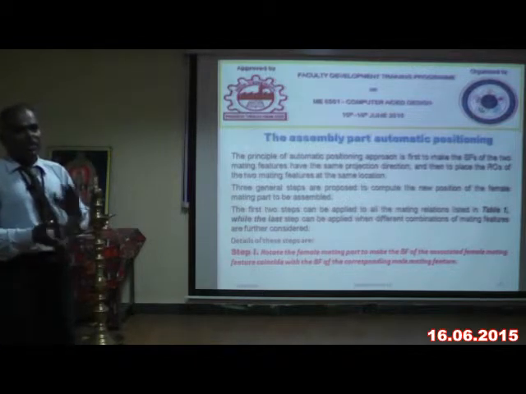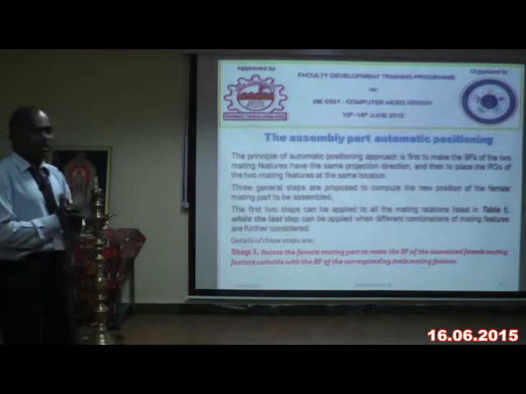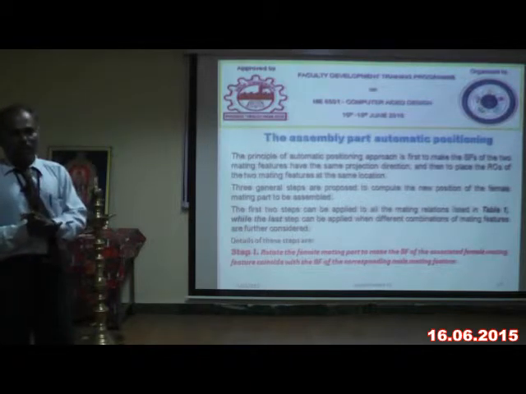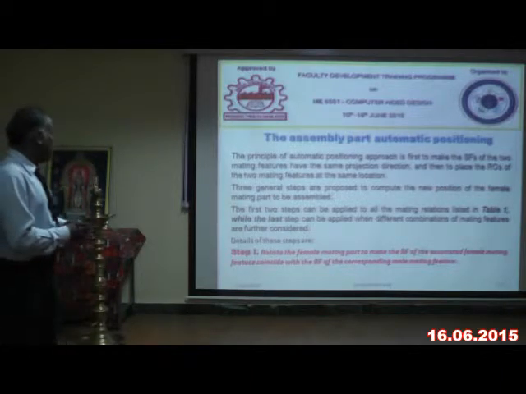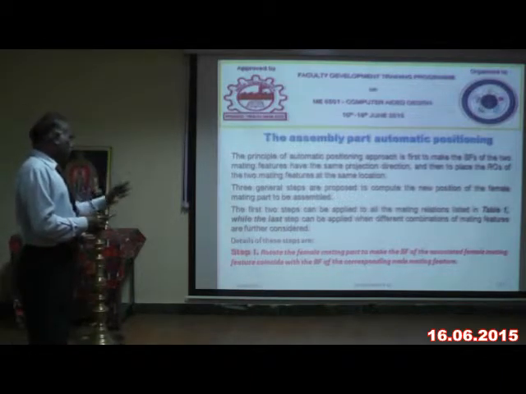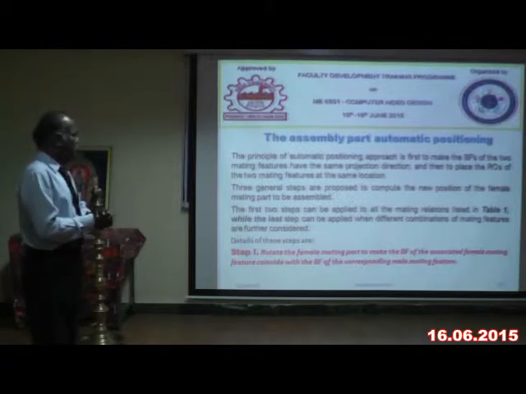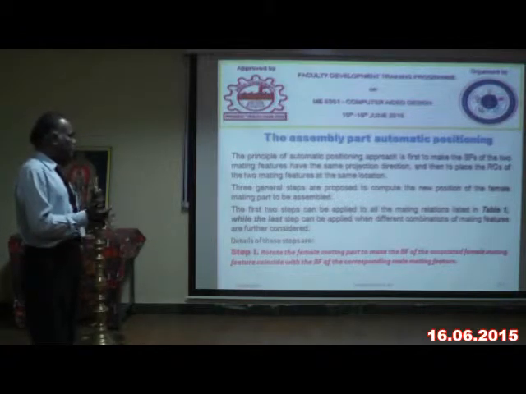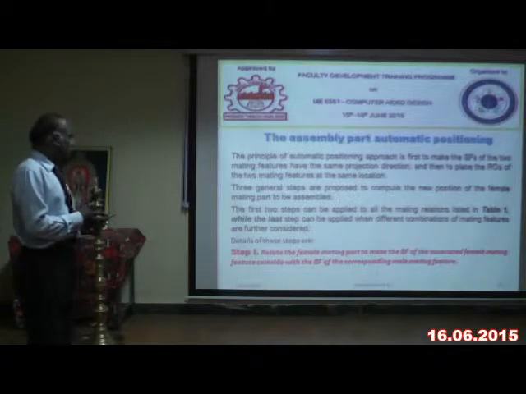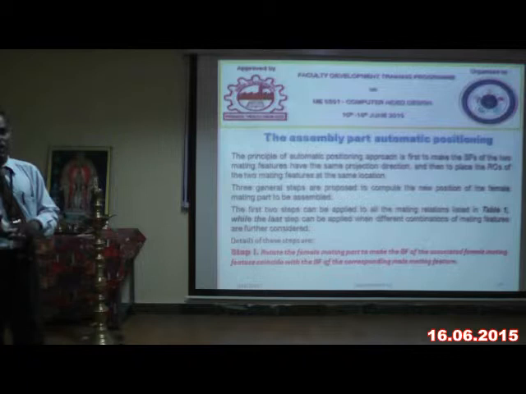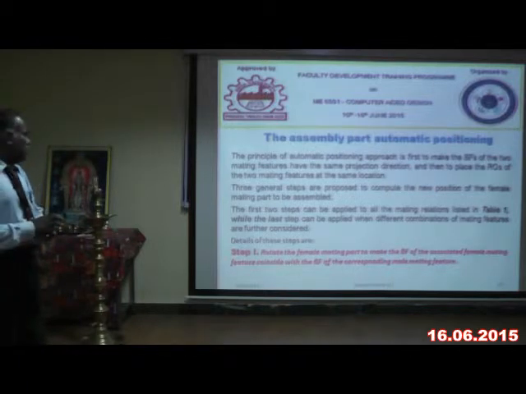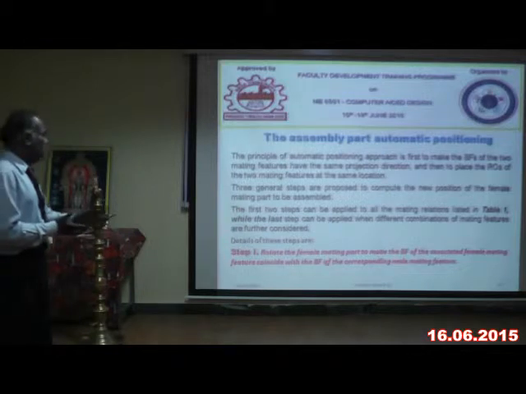What are the transformations? What requirements should be followed in getting the automated assembly of parts? Here, the principle of the automatic position approach is first to make the boundary phases of the two mating features, that is the first, all the feature boundary phases of the two mating parts, have the same projection direction.